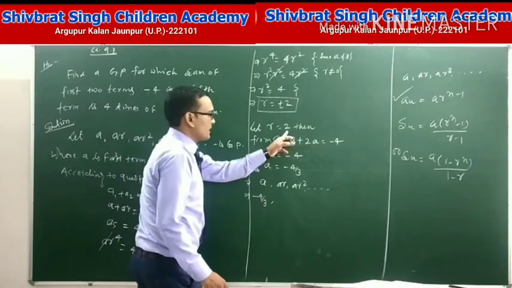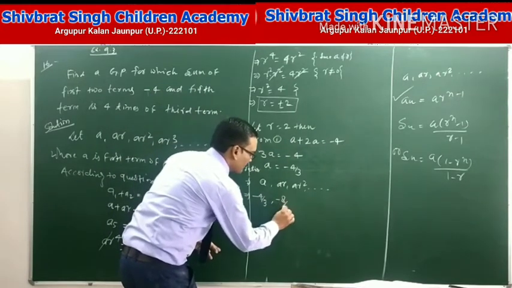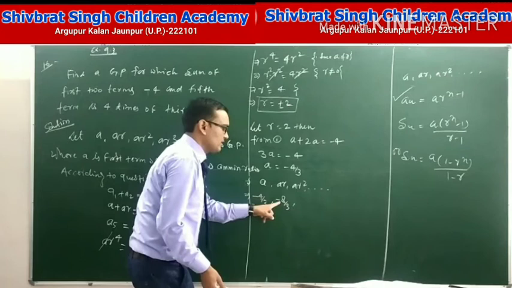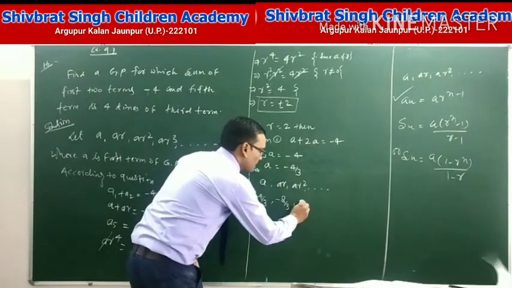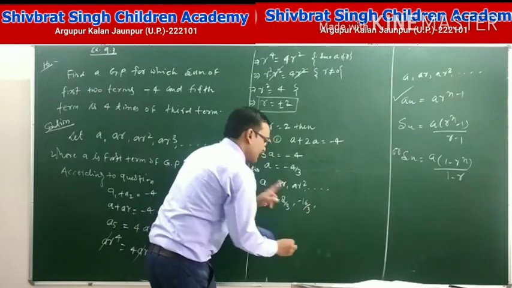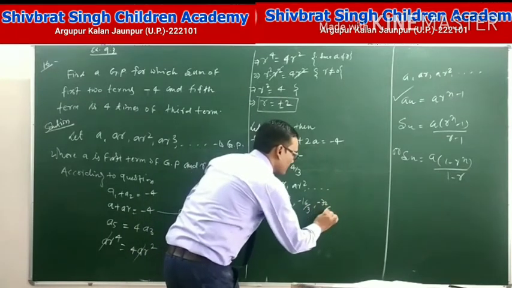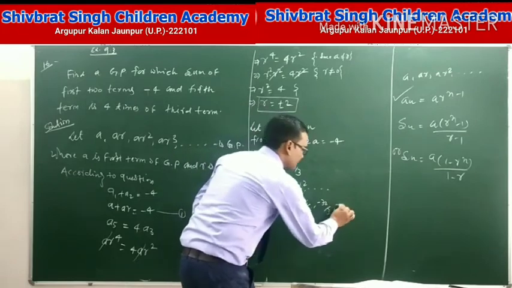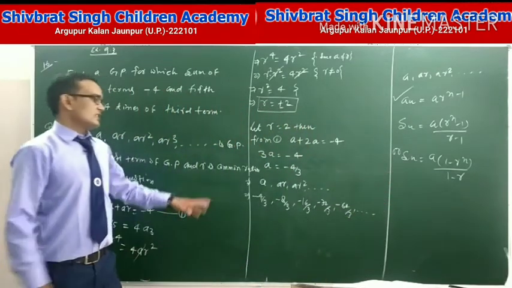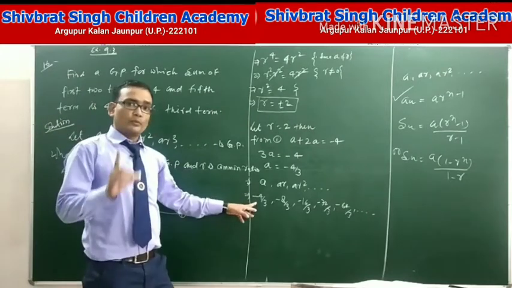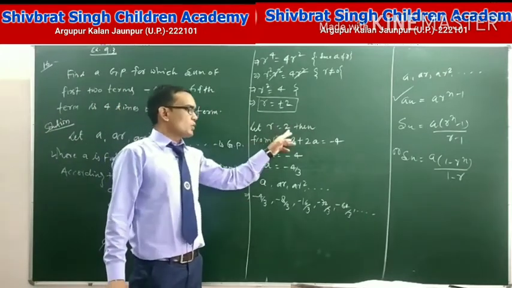Multiplying by 2 gives minus 8 by 3, and again multiplying by r, from the second term we find the third term, minus 16 by 3, and again minus 32 by 3, again minus 64 by 3, and so on. This is the first GP when we take r equal to 2.